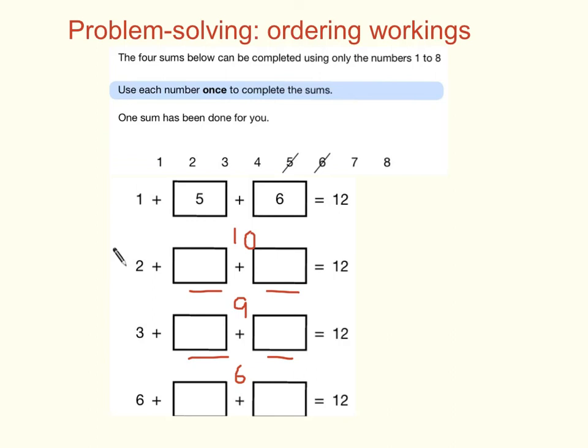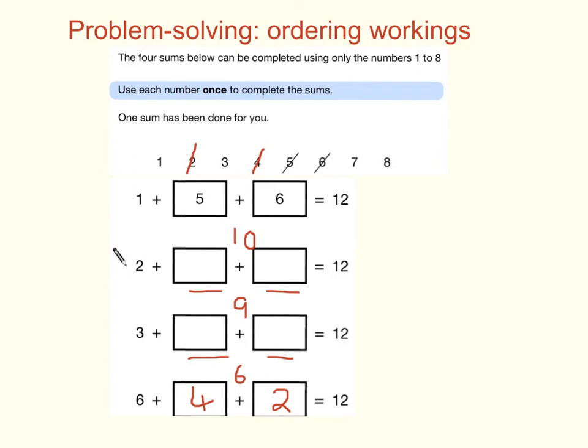There's different ways of making the 9. I could use 8 and 1 and 7 and 2. But the only one that I know for certain is the bottom one, because the only way of making 6 with the numbers that I've got left is 4 and 2. So that's the thing that I know for certain. So I'll do that one first, and then I'll cross off the 4 and I'll cross off the 2.